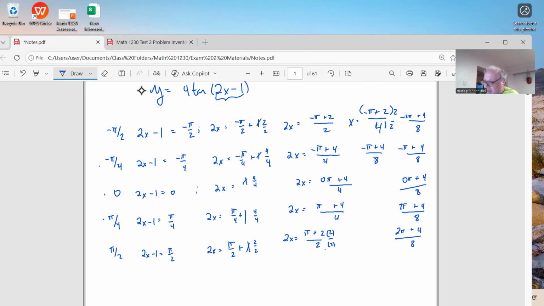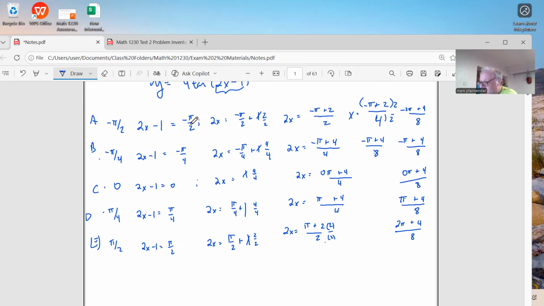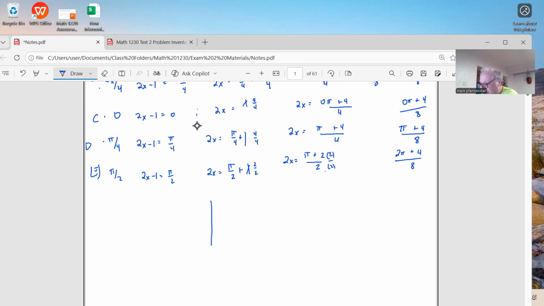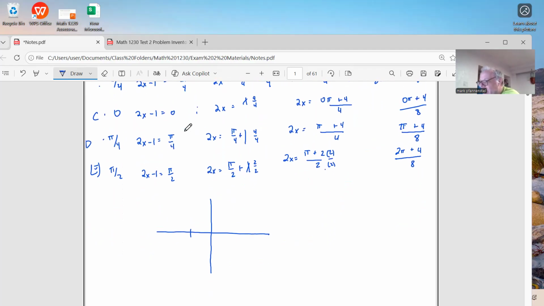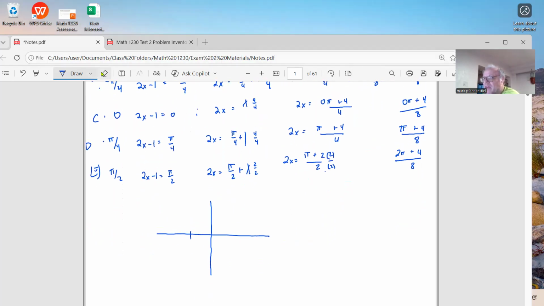Now I'm going to go ahead and label these A, B, C, D, E. So when I go to graph these points, I'm going to be able to say what's going to happen here. A is over here somewhere, and we can go a little bit further than that.